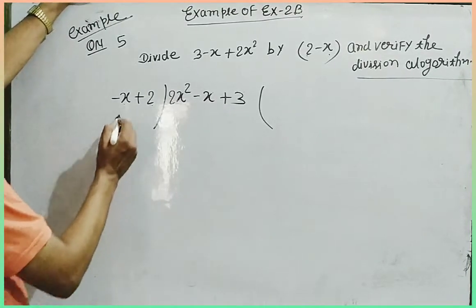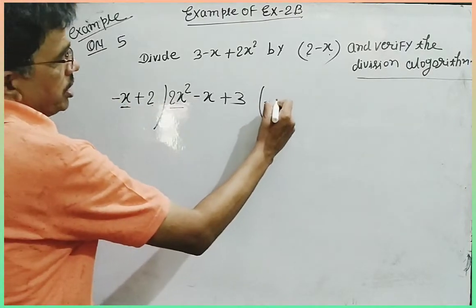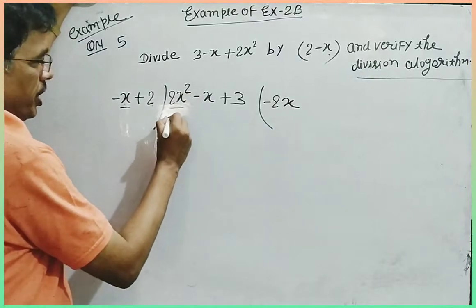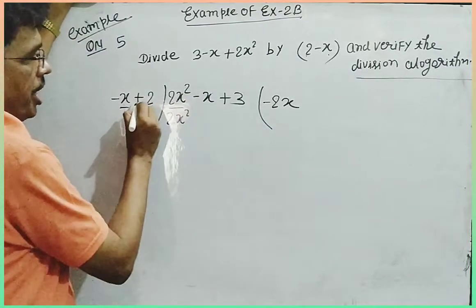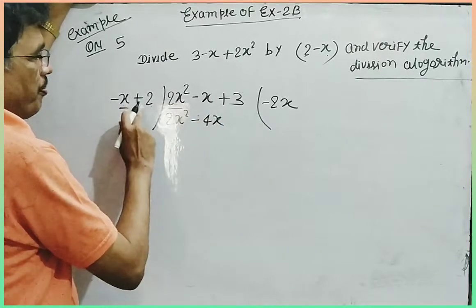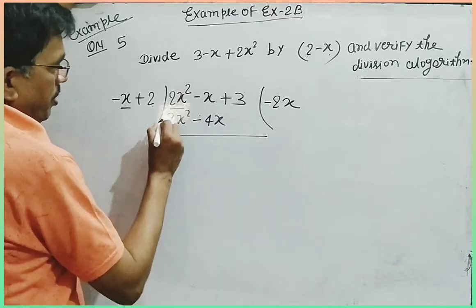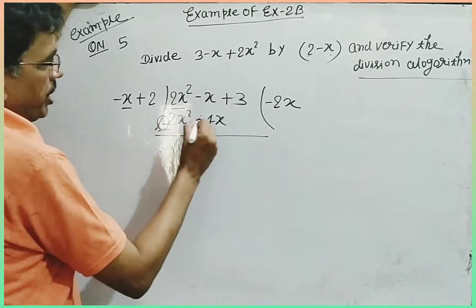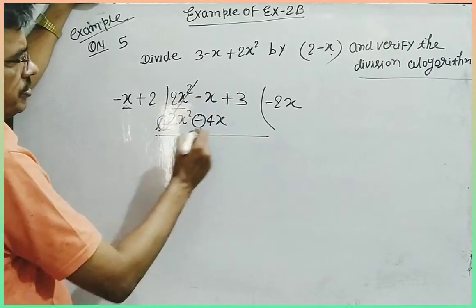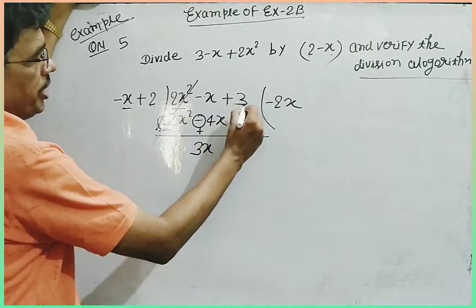And now solve. It is minus x and it is 2x square, so you multiply by minus 2x. What you get? It is 2x square minus 4x, plus 2 into minus 2x, then it is minus 4x. You change the signs, plus minus here, minus plus, it is cancelled. This is 3x and it is plus 3.